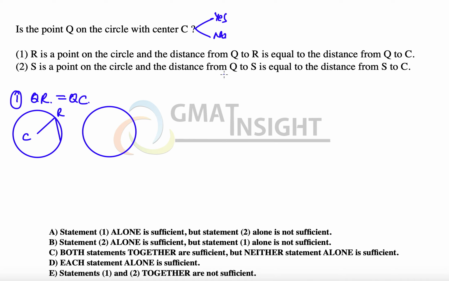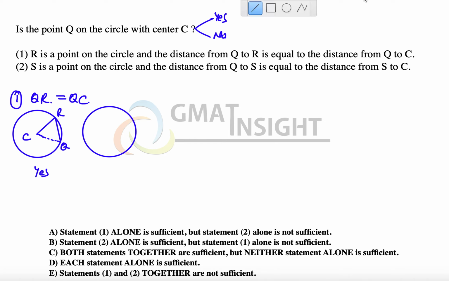The distance between Q and R is equal to the distance between Q and C. That is a possibility if we draw a triangle such as this, which is an equilateral triangle, because all three sides are equal. So the answer to the question could be yes according to this particular case.